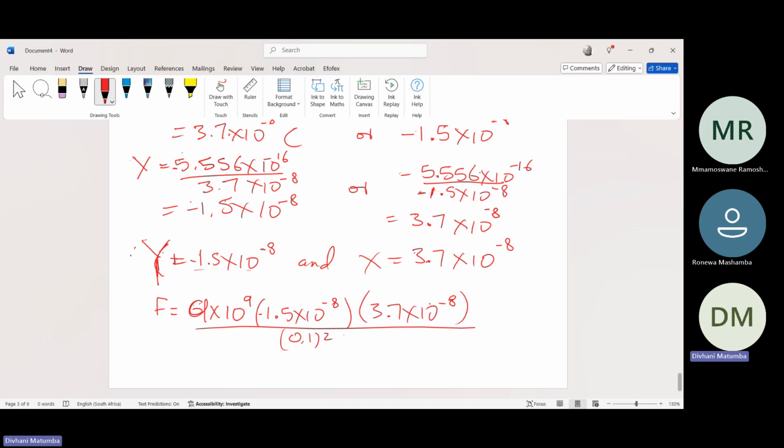And the answer turned out to be a minus 5 times 10 to the power of minus 4 newtons.